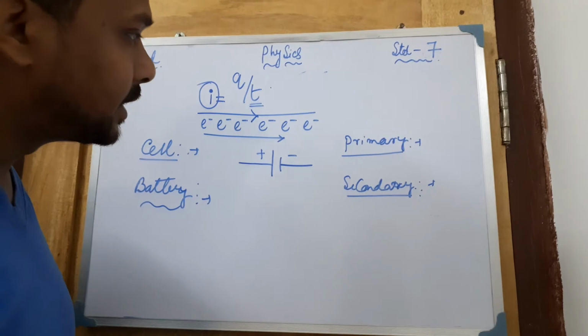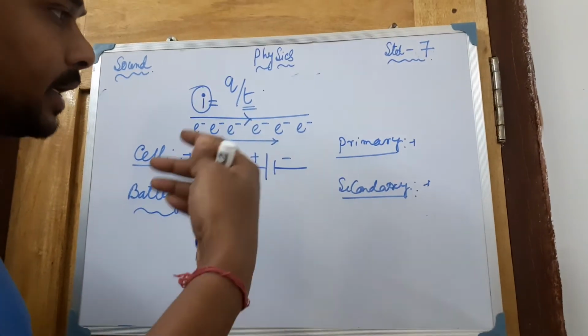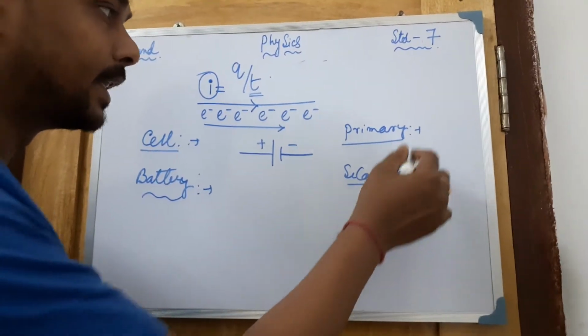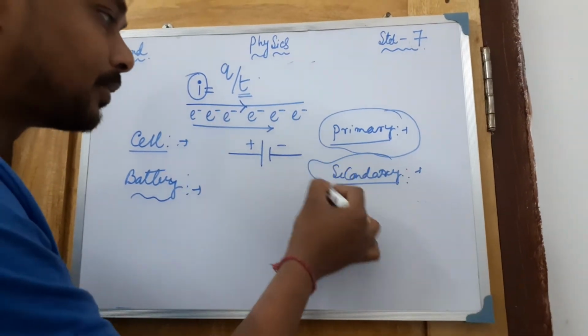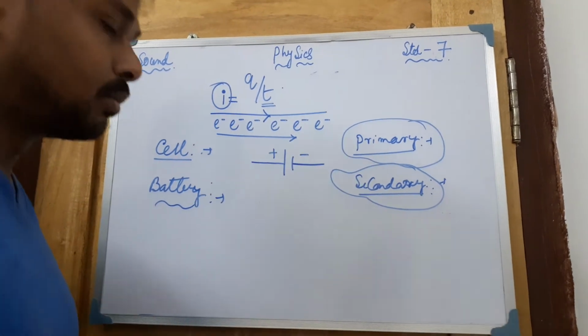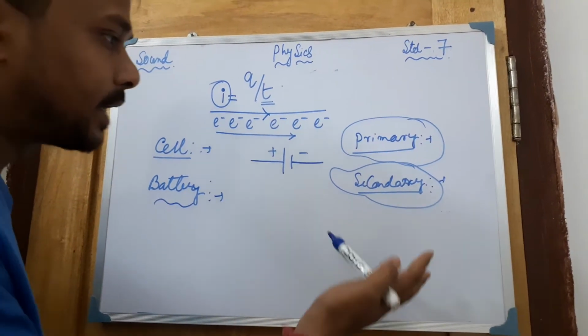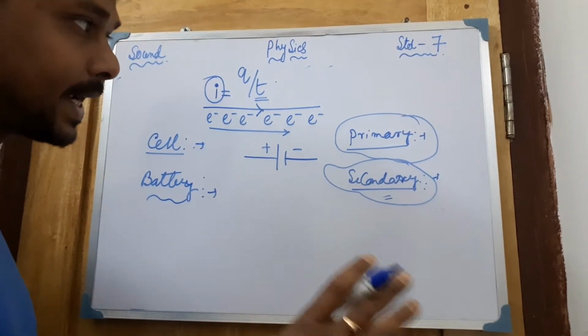You have already seen that if a battery is finished one time, it is a use-and-throw type, and we won't be able to charge it again. That type of cell is known as a primary cell. The other type of cell is a secondary cell, which can be charged more. If you want to charge the battery again and again, it can be charged. This type of cell is known as the secondary cell.